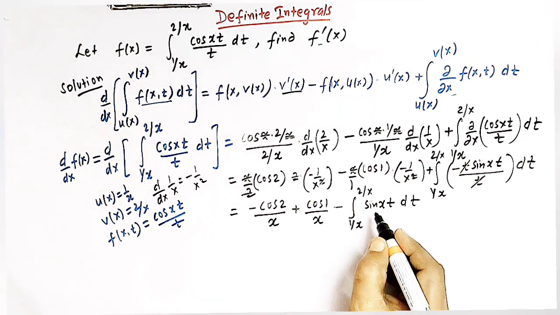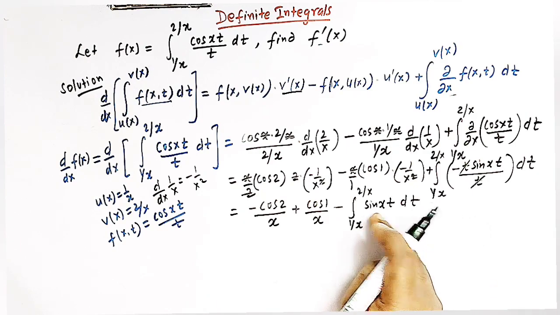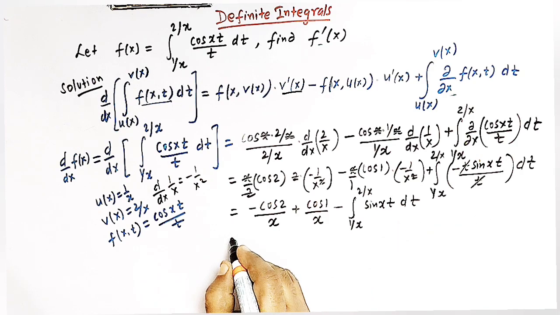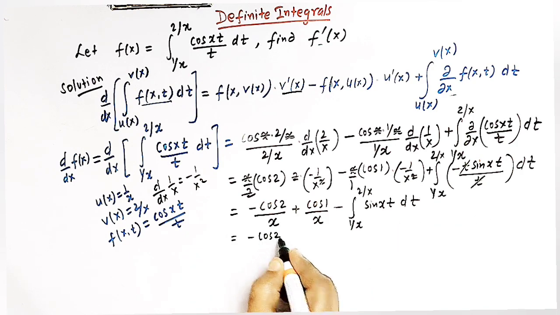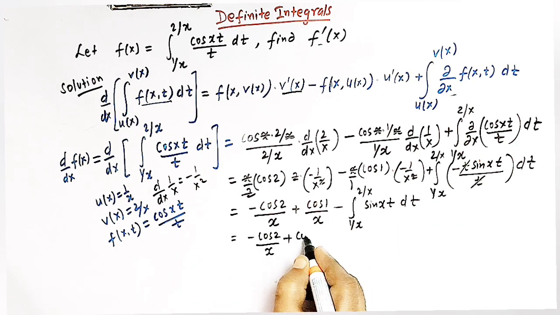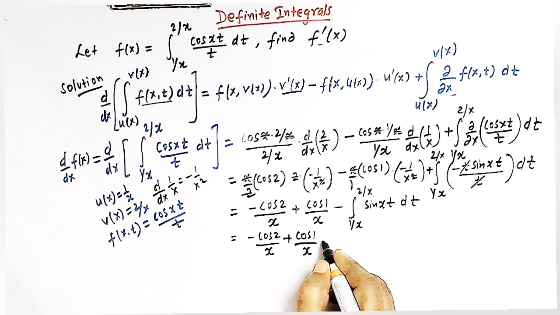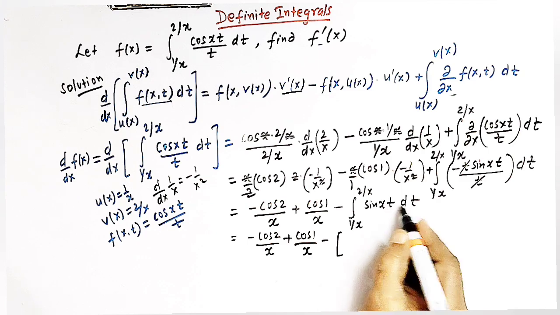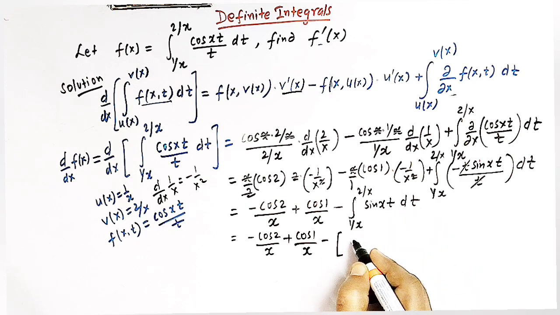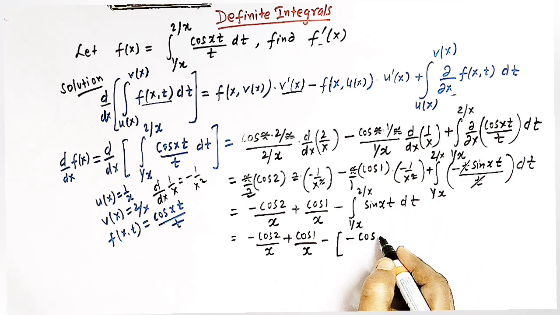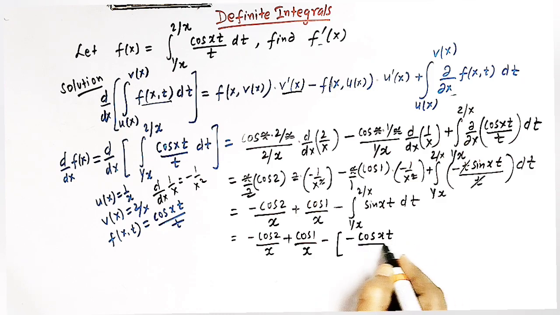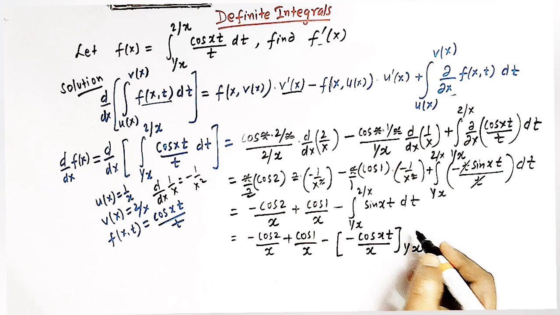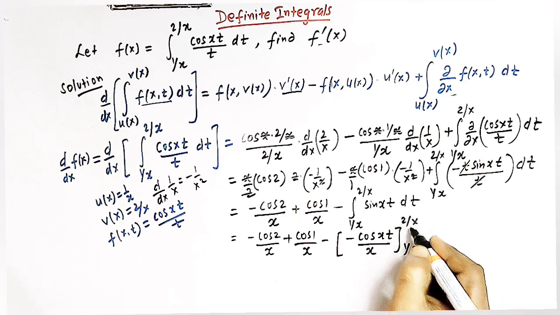So now let us integrate sine xt with respect to t, right? So we have minus cos of 2 over x plus cos of 1 over x minus, now the integral of sine xt with respect to t is given by minus cosine xt divided by x, and the limits of integration are from 1 over x to 2 over x.